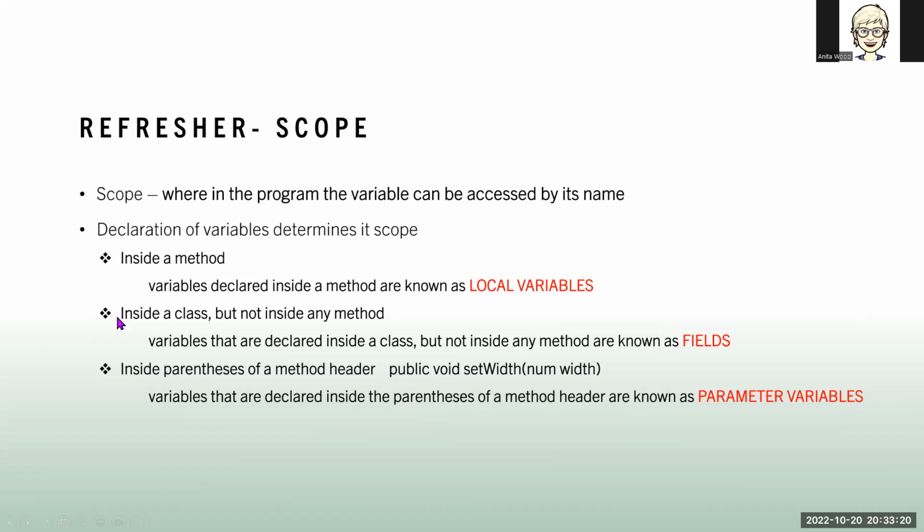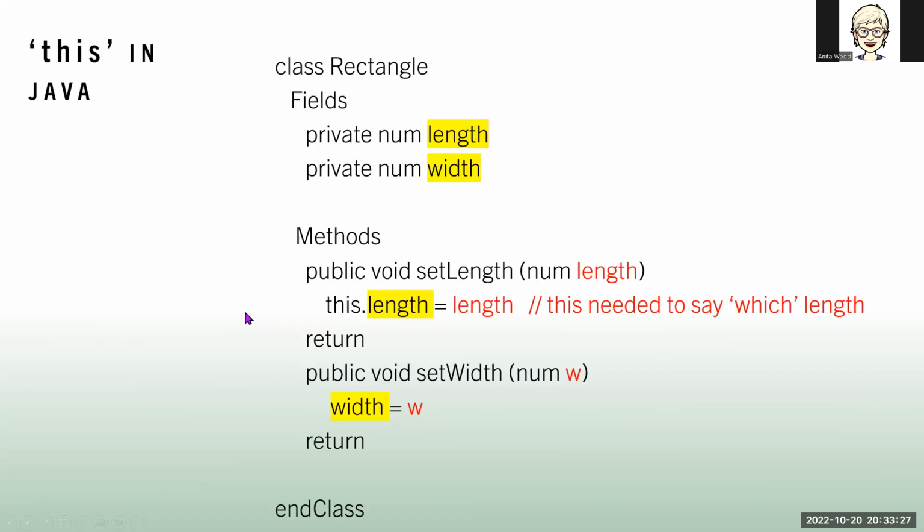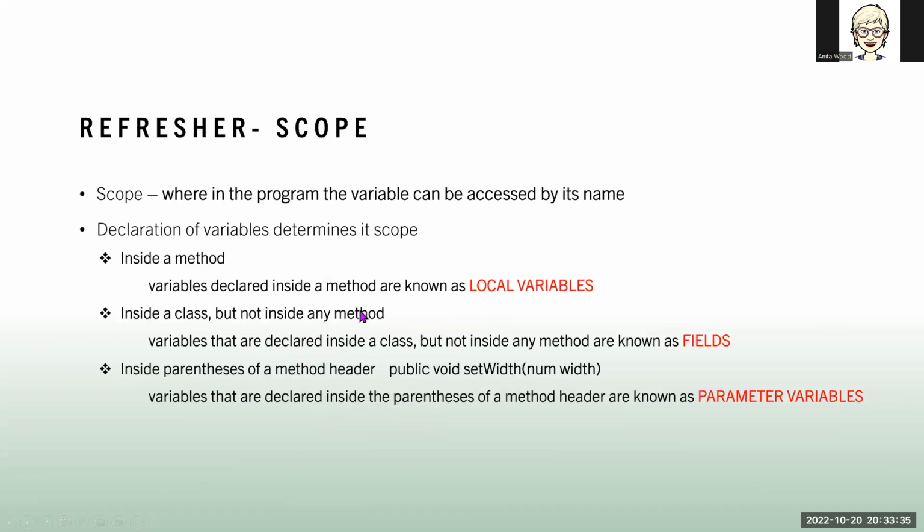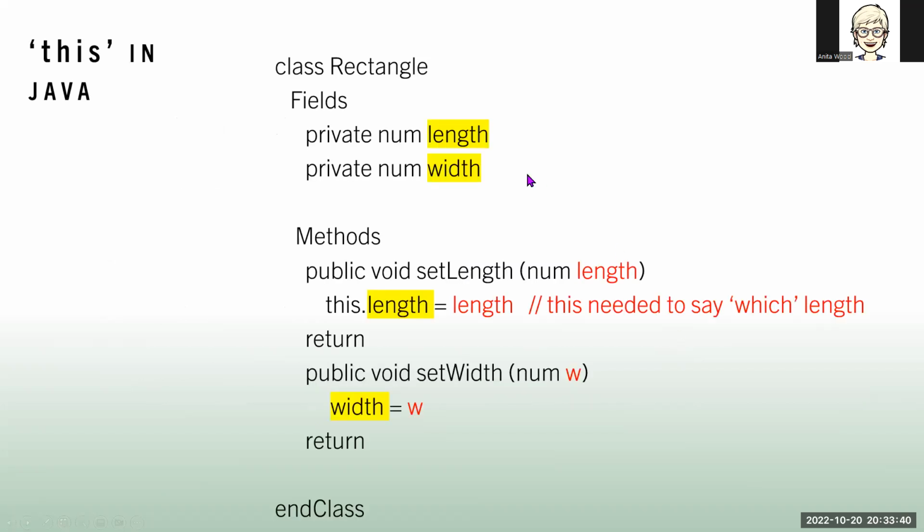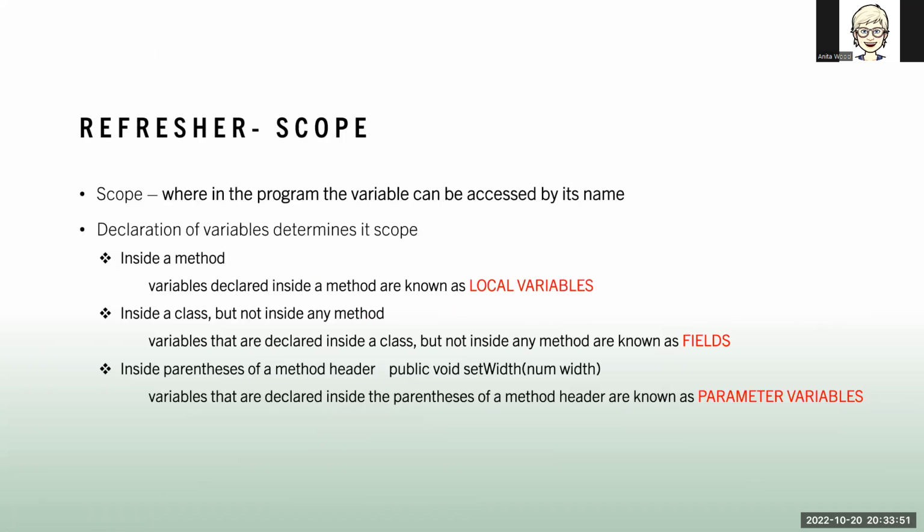When I declare variables inside a class, but not inside any of the methods for that class, what I want to call them is fields. And notice it corresponds to this little header that we are starting to use when we define classes.